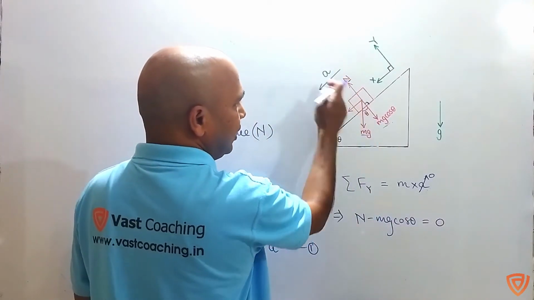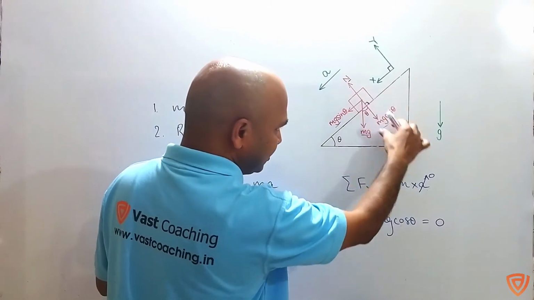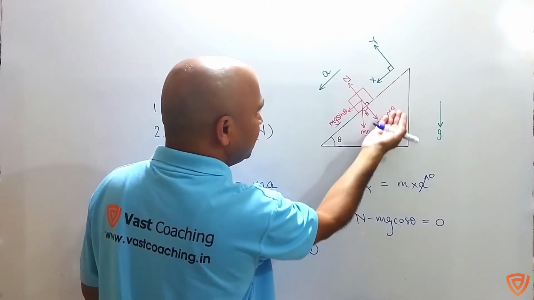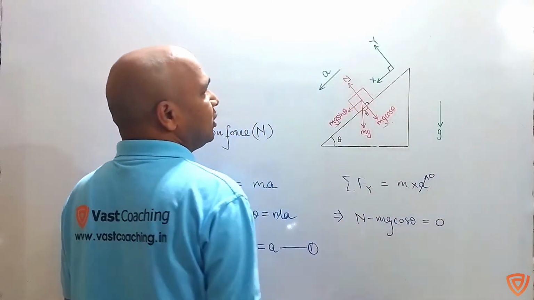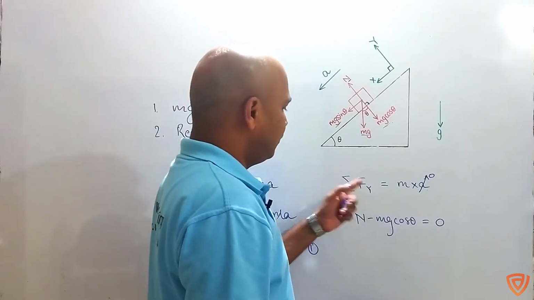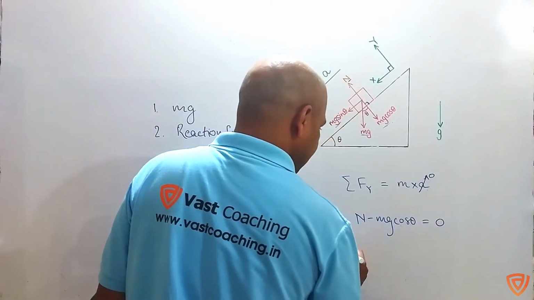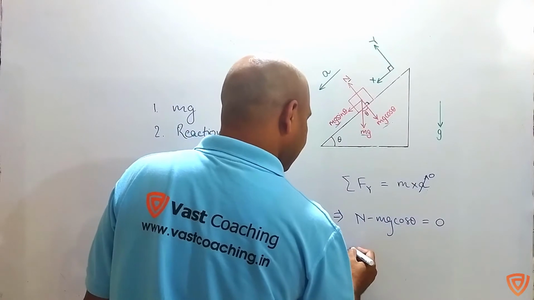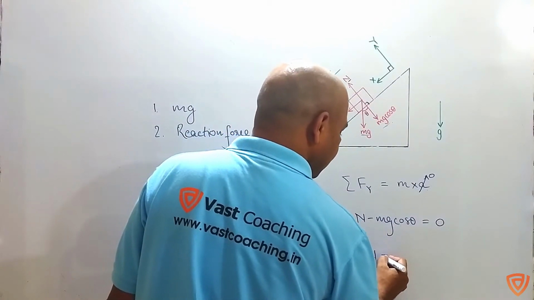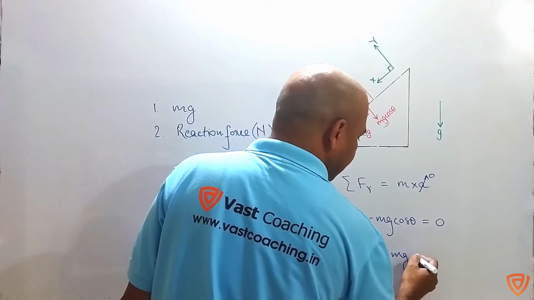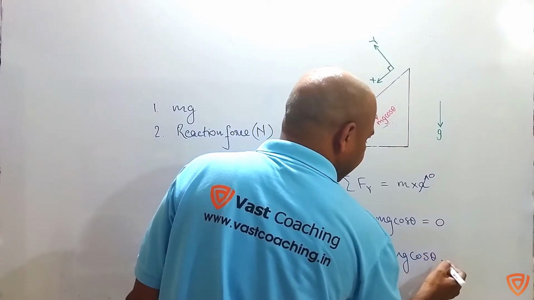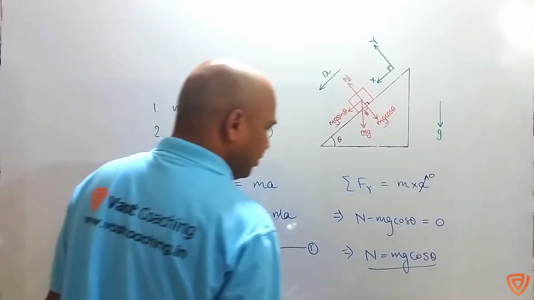So N is upward and mg cos theta is downward, so minus mg cos theta. That gives the total force along the y-axis, which gives you the value of N equal to mg cos theta. So that's the reaction we get here.